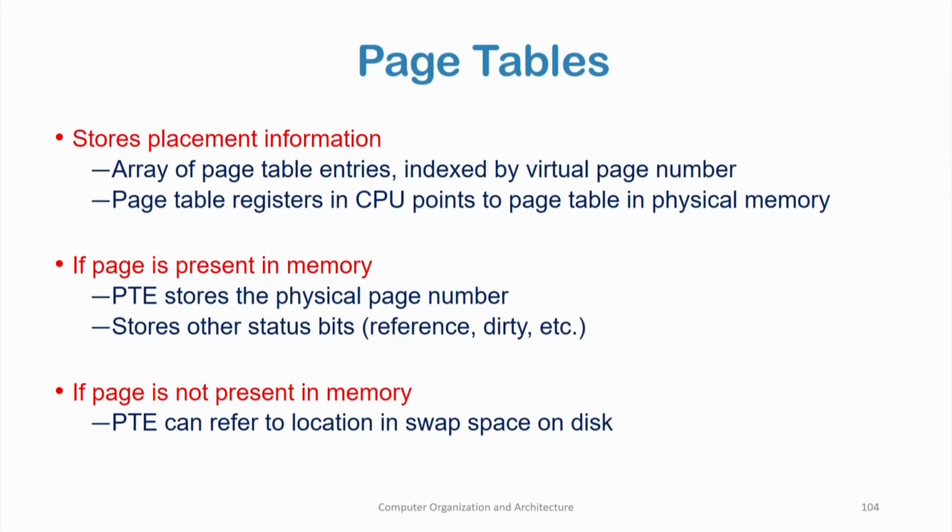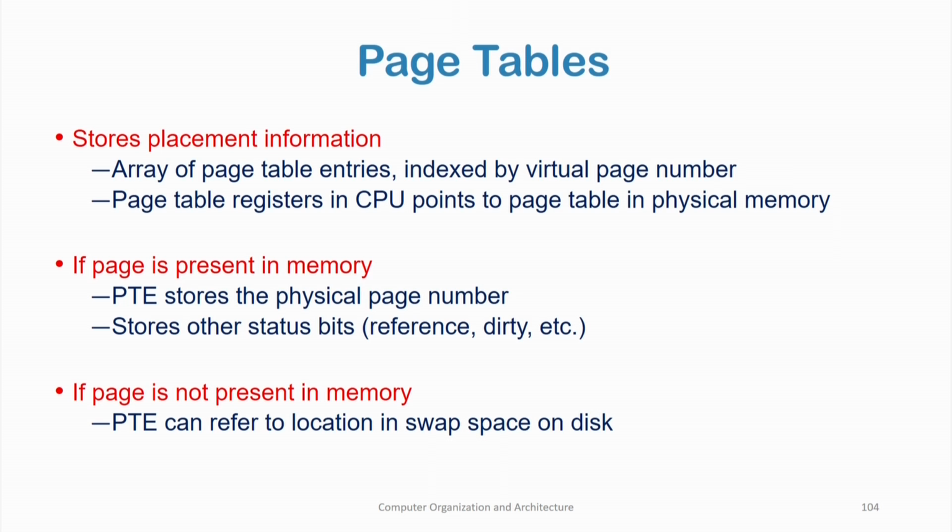Now, we look in more detail at how virtual address to physical address translation is done. This translation is done through a data structure called the page table. The page table stores placement information. It has an array of page table entries indexed by virtual page number.